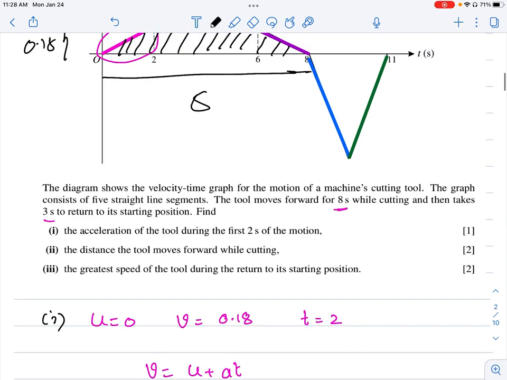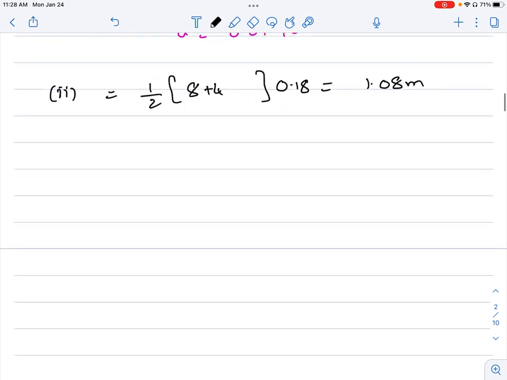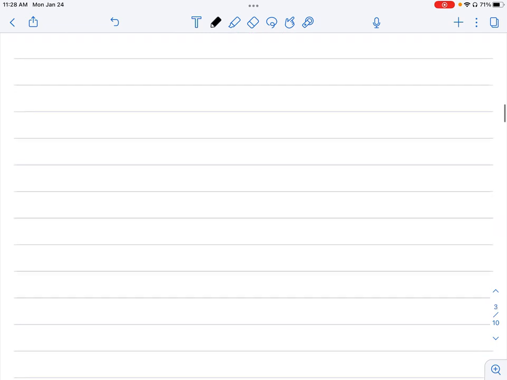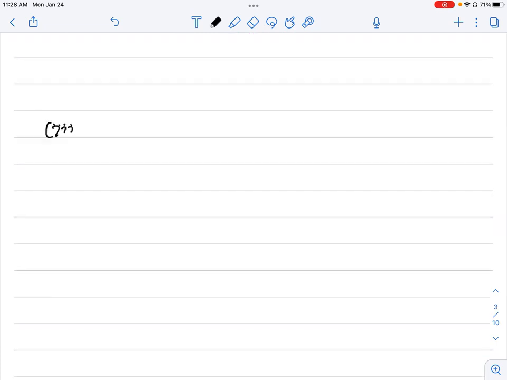Now the greatest speed of the tool during the return to its starting position. What is this greatest speed? It is the height of this triangle. As it went 1.08 forward, coming backward it has to cover the same 1.08. So the area of the triangle should be equal to 1.08. Area of a triangle is half times base times height.